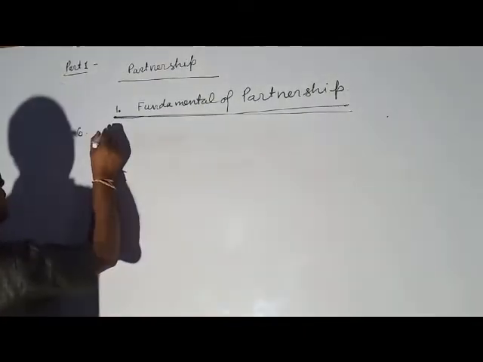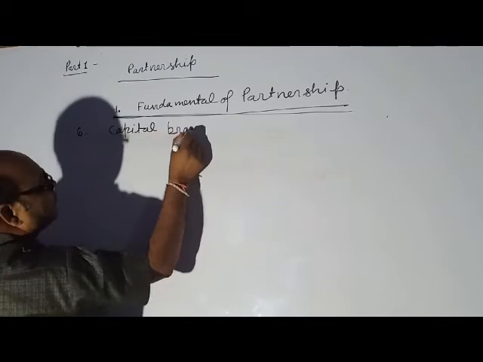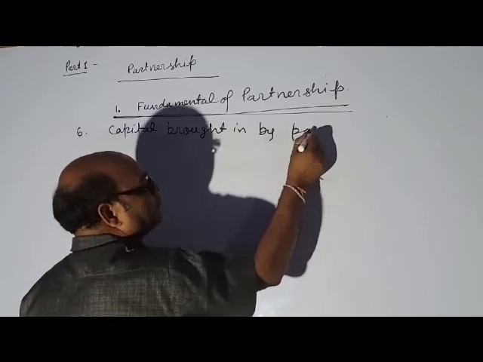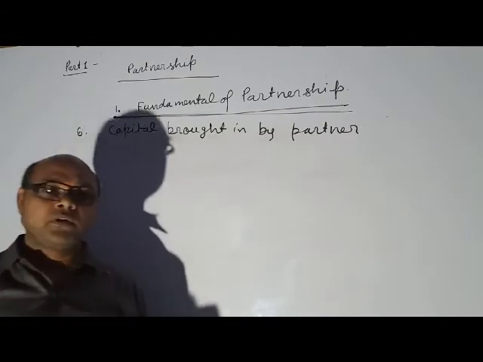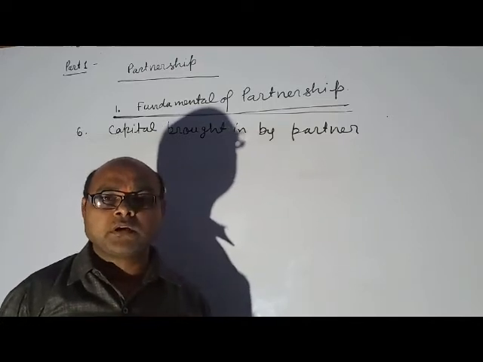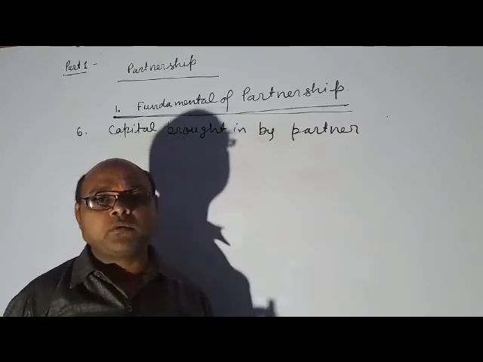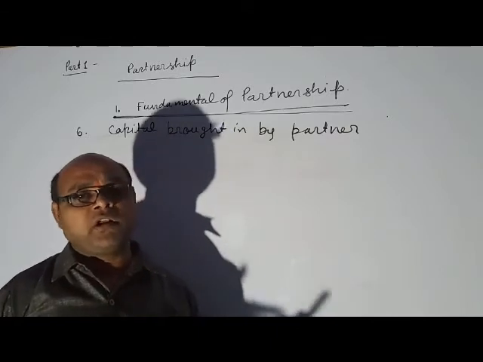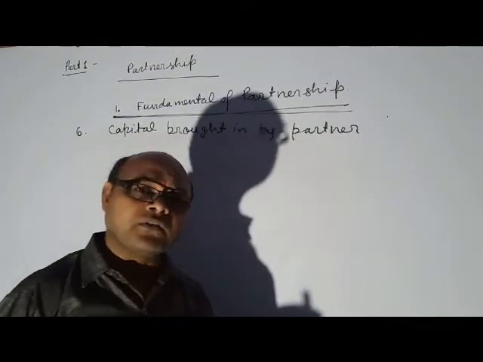If capital is brought in by a partner, we will pass the same basic entry as we passed in class 11 for capital brought in: bank account debit to capital account. In class 11 we write bank account debit to capital, but here it is the partner, so we will write bank account debit to partners capital account.